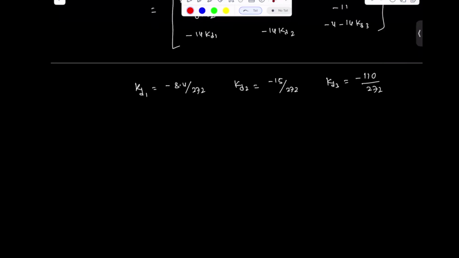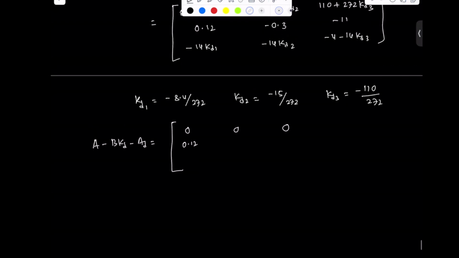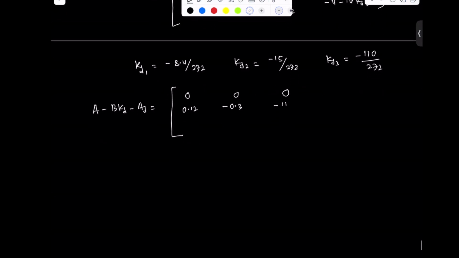So now A minus B KD, if we substitute all the values, the final matrix is: first row 0, 0, 0, which satisfies the above gains, then 0.12, minus 0.3, minus 11, and 0.43, 0.77, 1.7.